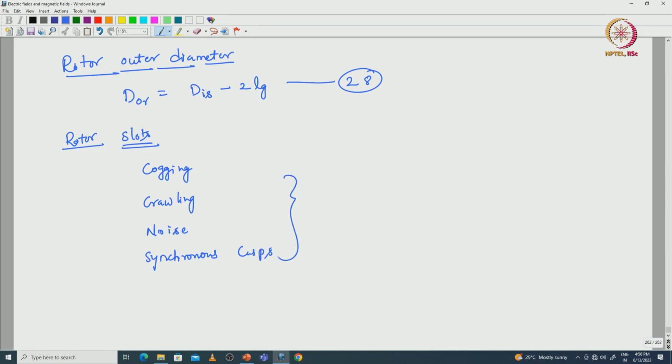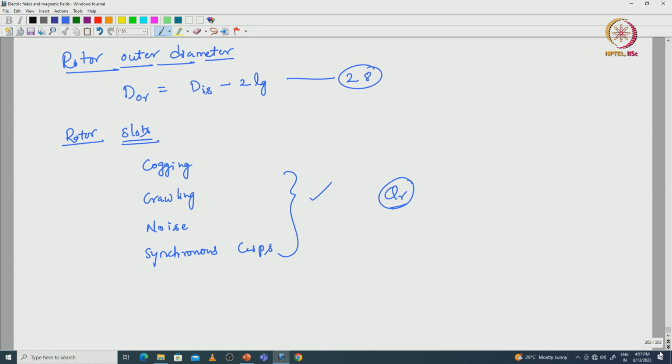To avoid these aspects, the crawling effect, cogging effect, noise and vibrations, synchronous cusps, etc., we have to select the rotor's number of slots appropriately. The rotor number of slots is represented by QR. In order to avoid cogging, certain combinations of rotor slots we have to avoid. Similarly for different aspects, different equations we have to follow.